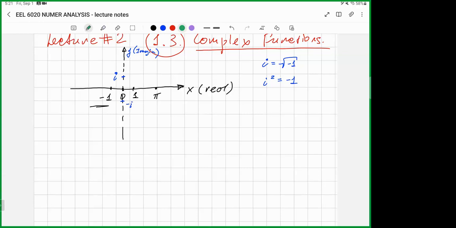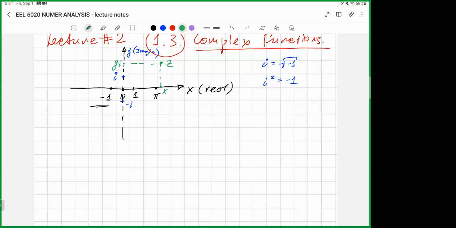So by continuing these numbers to the entire plane, we call it the complex plane of numbers. This entire plane is the complex plane, and we can pick any point in it and name it z, and this z will get the real number x and the imaginary number y times I, right?